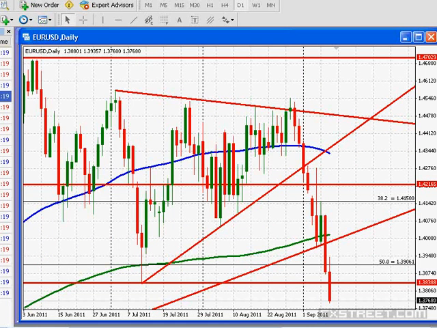I look at them in total as one. And what I'm trying to do on a daily basis, or when I don't have a position, is to look for those opportunities where there's some confluence between the daily chart, the hourly chart, and the 5-minute chart at certain price levels.